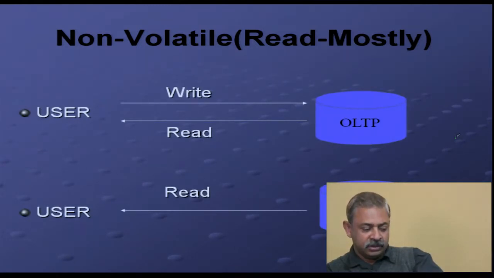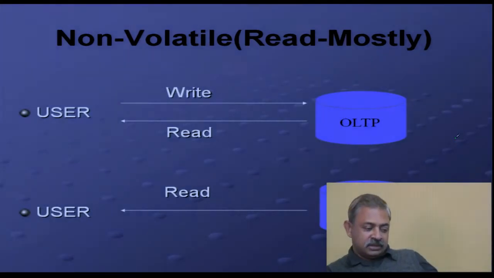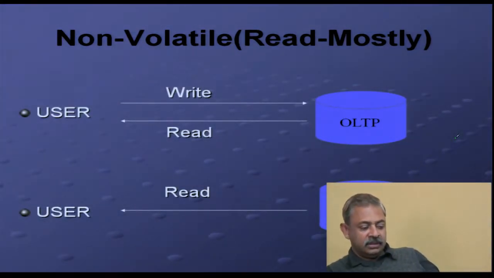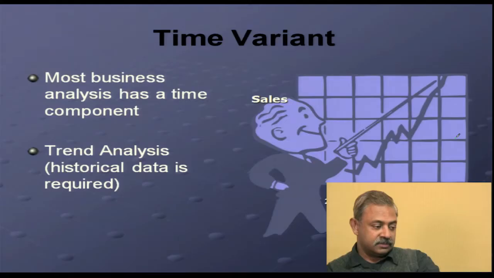Both are allowed. So this is the non-volatile nature. And once I say that the data is non-volatile, then that means there are no updates, and if there are no updates, then possibly I don't need any kind of normalization. And that's why I mentioned that the structures in the data warehouse environment are denormalized structures.